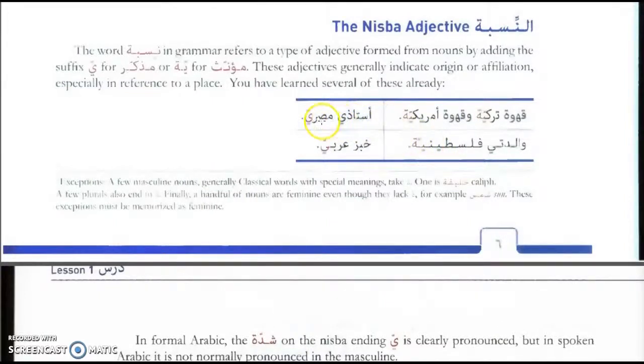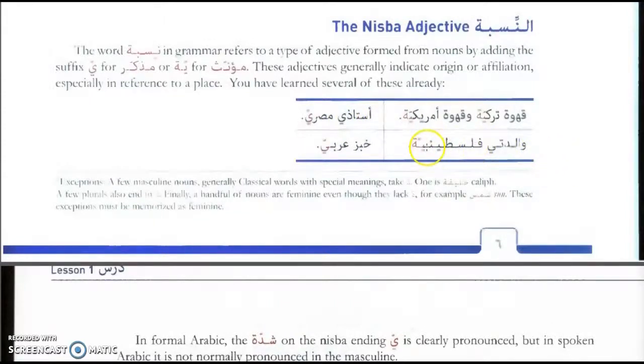Ustadi Masri. This ustad is masculine. It has a suffix here which is not related to any adjective. It's actually a pronominal suffix. In other words, you're saying my professor, or the professor of me, is Egyptian. This is the adjective, Masri. Ustadi Masri. My professor is Egyptian.